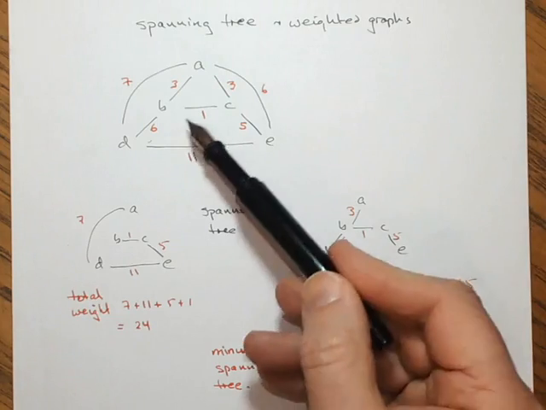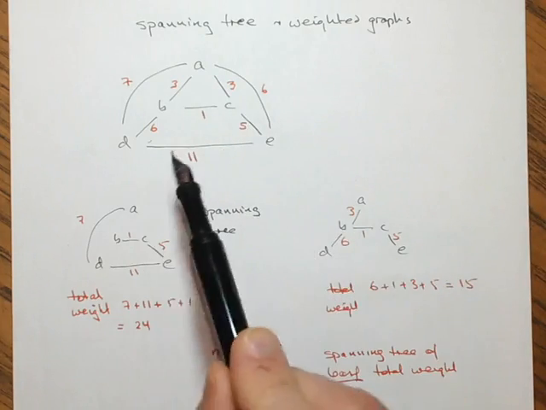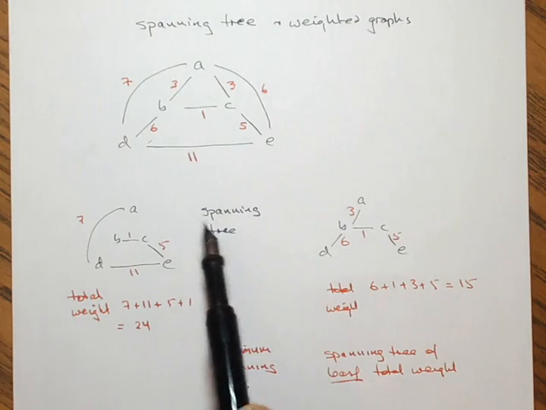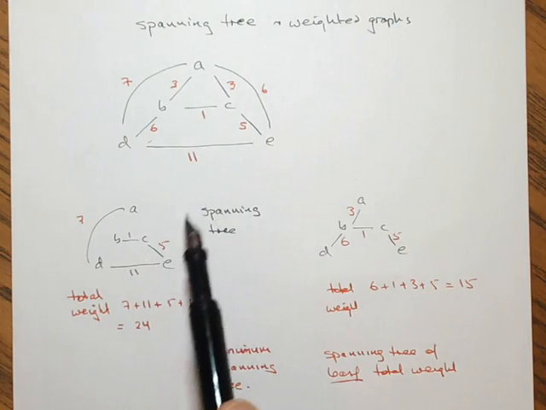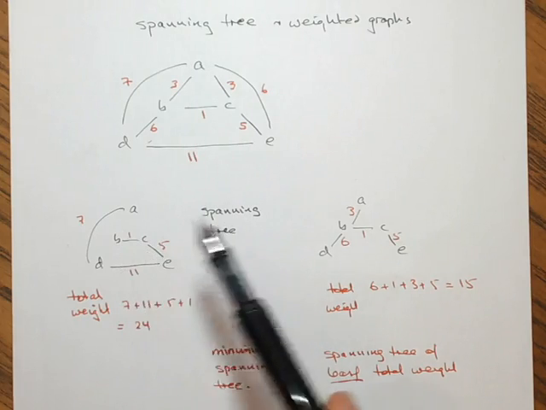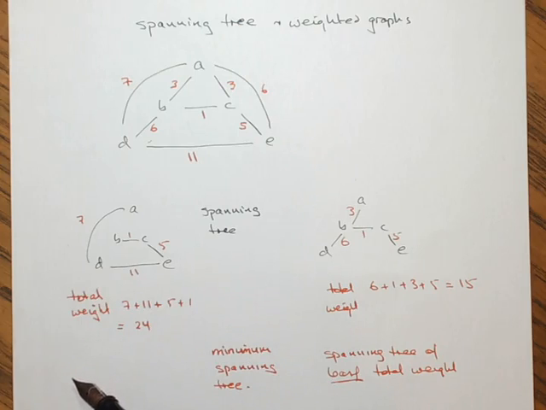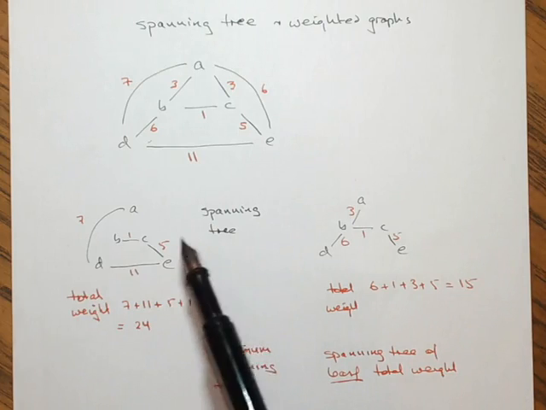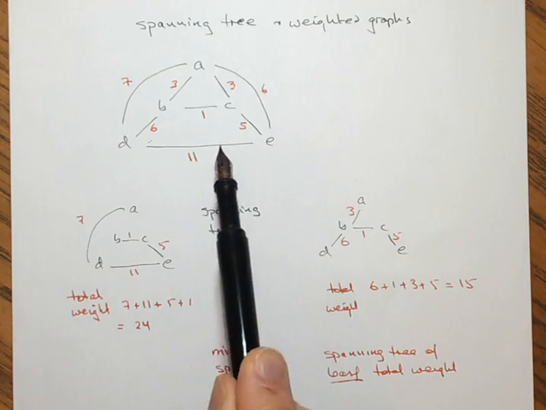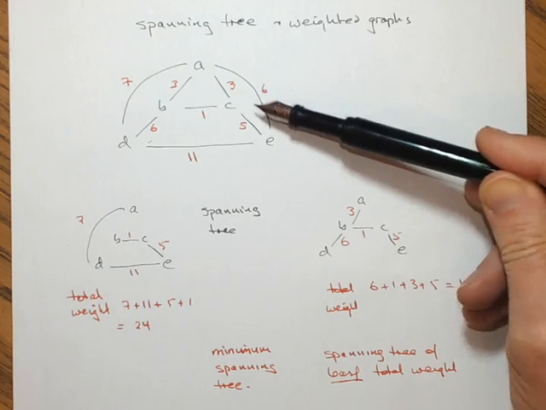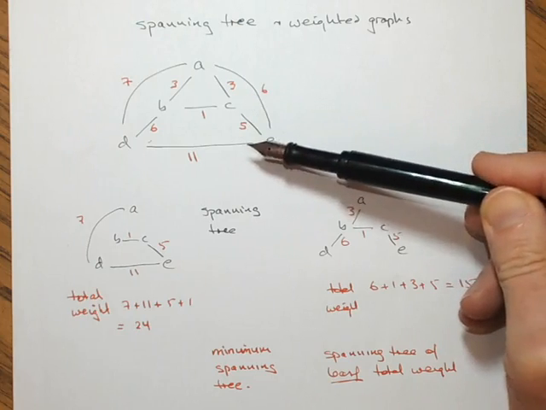So, weighted graphs are simply graphs with weights on them that represent a cost to build. Spanning trees, a tree that's within the graph that covers every vertex, and this idea of minimum redundancy. Now the trade-off is that having redundancy in a network means that links can drop out and you can still communicate.